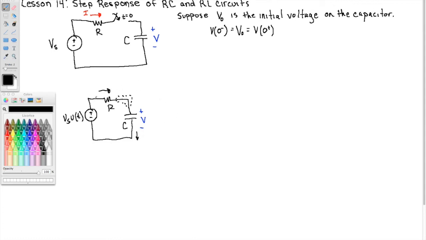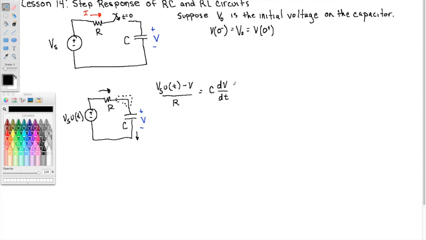The current coming in, we can use Ohm's law: that's Vs u of t minus the capacitor voltage, divided by the resistance, equals the current leaving, which goes through the capacitor. So this is C dV/dt.